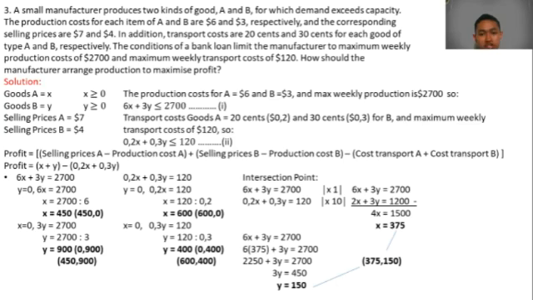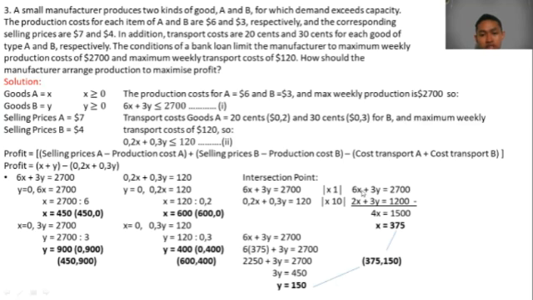And then for the intersection point, we eliminate both of the equations. 6x plus 3y equals to 2700, eliminated by 0.2x plus 0.3y equals to 120. And then to make the constant of y the same, we multiply the first equation with 1, and we multiply the second equation with 10.